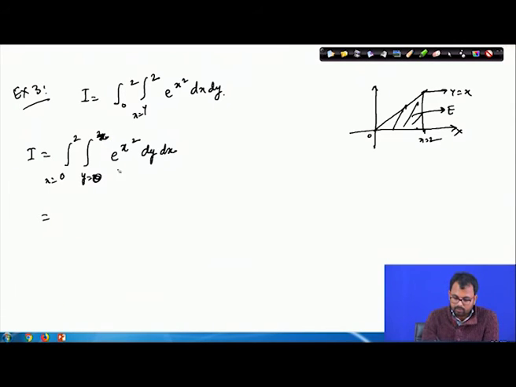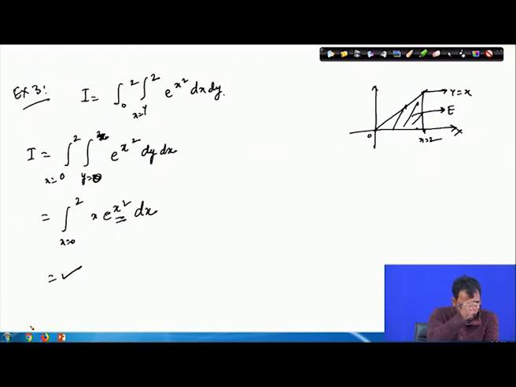So now we can integrate this integral with respect to y first. So if we integrate, then this will be the integral with x running from 0 to 2, and then this will be dy. So substituting, it will be x e to the power x square dx. Now we can substitute this, and then we get the value out of it.